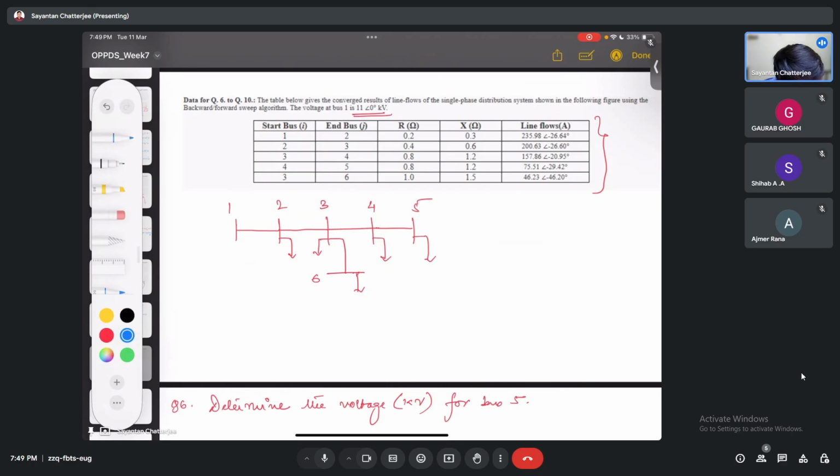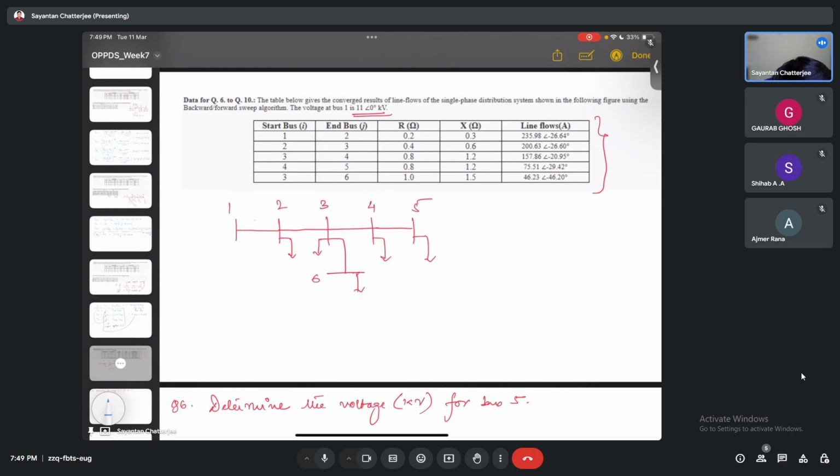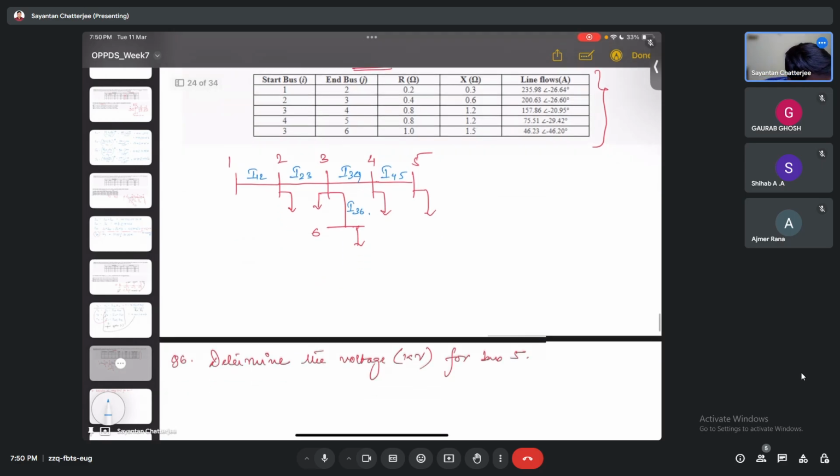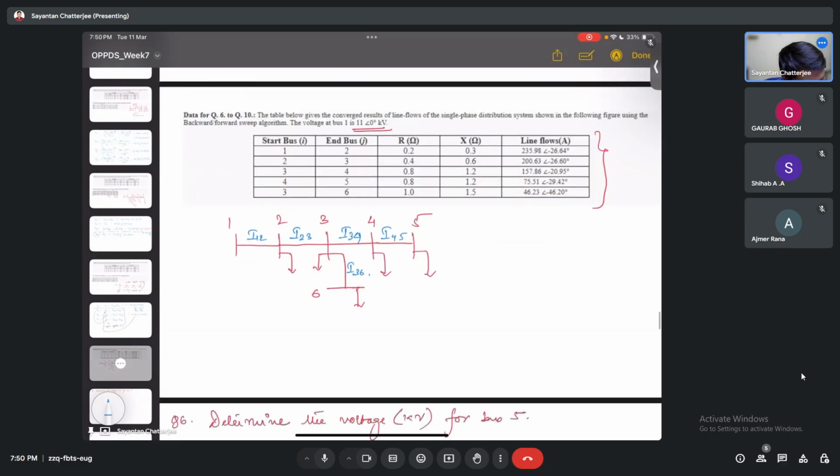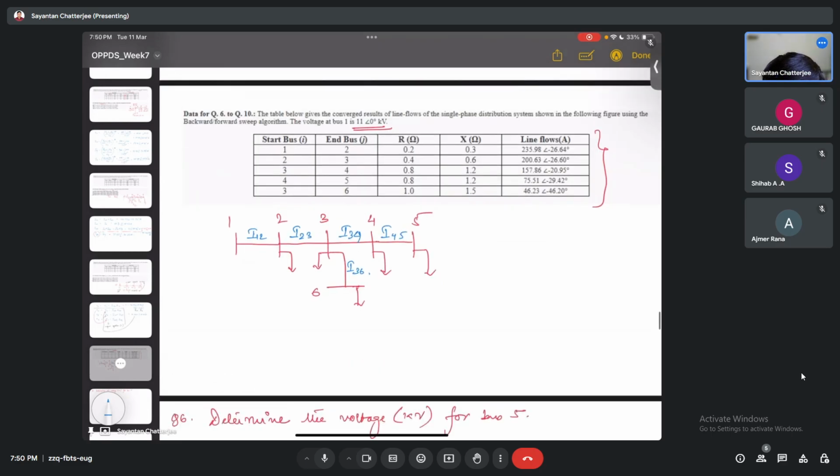But before that, let me just write it. This is I12, I23, mathematical notation we just say so that things become clear. I45, and this is I36, right? And these values are given. This is I12, 1 to 2, 2 to 3, 3 to 4, 4 to 5, and 3 to 6. All these I values are given.